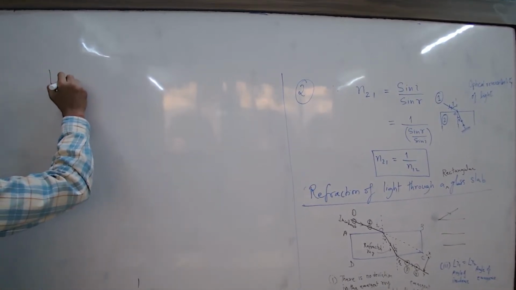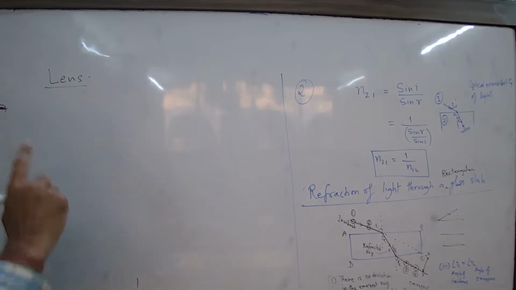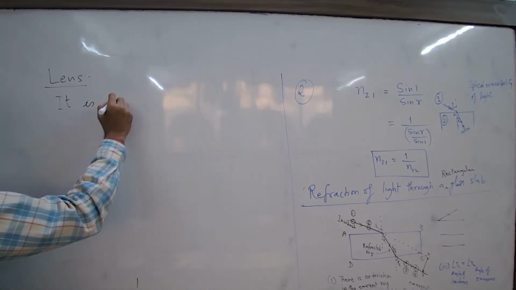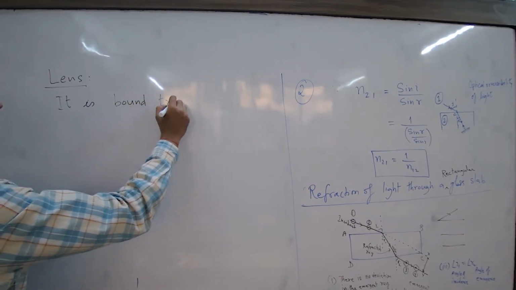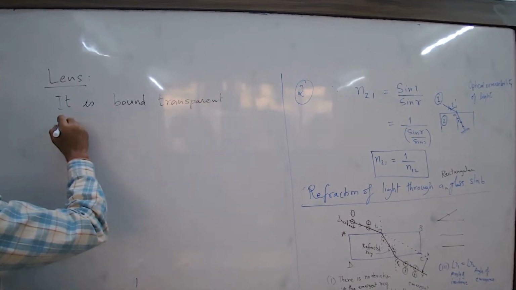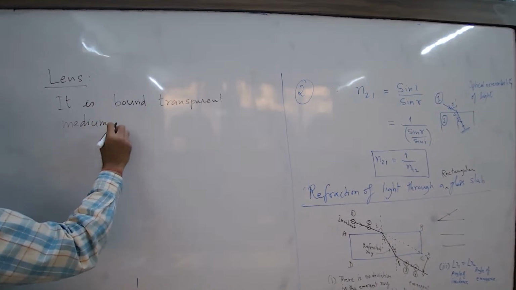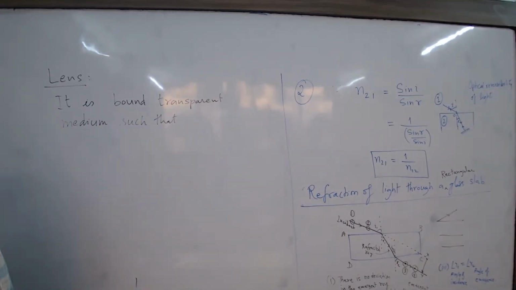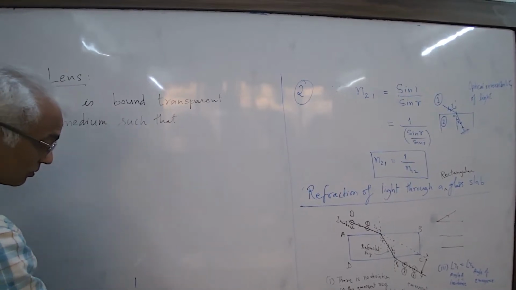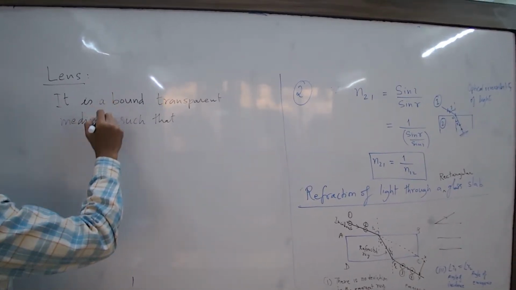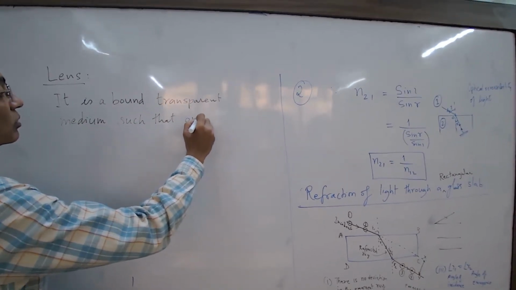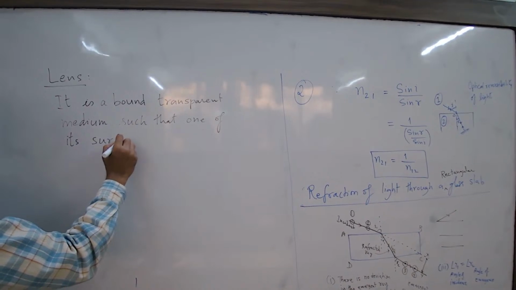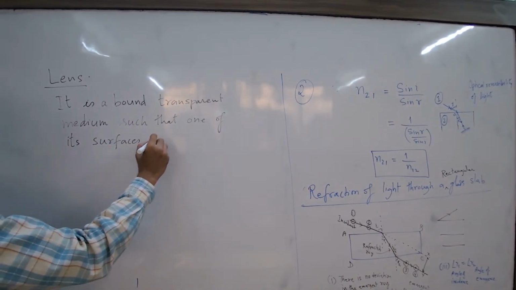Okay, so what is a lens? It is a bound transparent medium such that one of its surfaces is spherical.